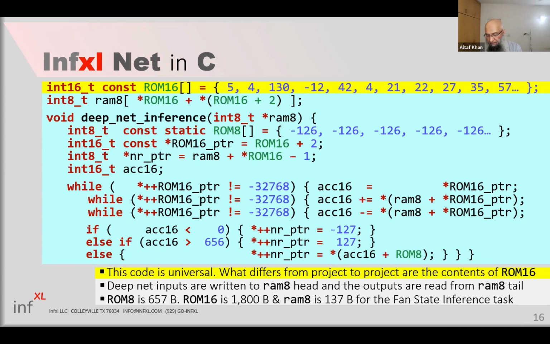And there's another element called ROM8, that's 650 bytes. And RAM, we require 137 bytes. So that means we're talking about 3 kilobytes. So the total size of this network, everything included, if you want to run it on a microcontroller or a microprocessor, is about 3 kilobytes. So that's what I mean when I say TinyML.